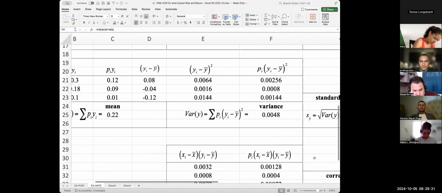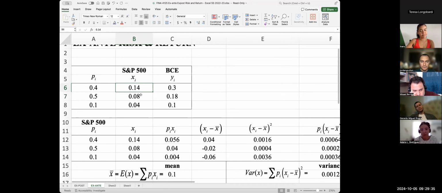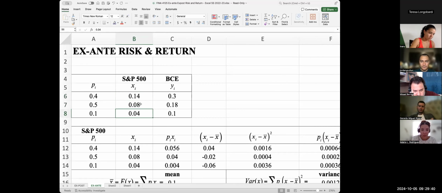So as long as you're looking at data or situations where it's between like 4% for the S&P 500 and 14%, the prediction is reliable.